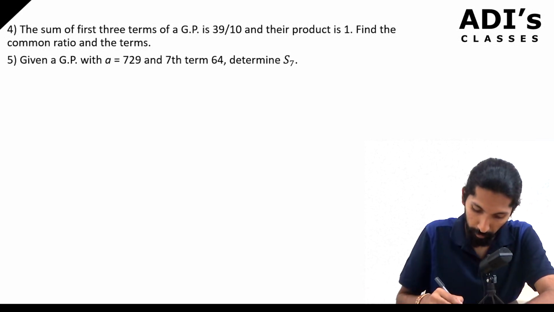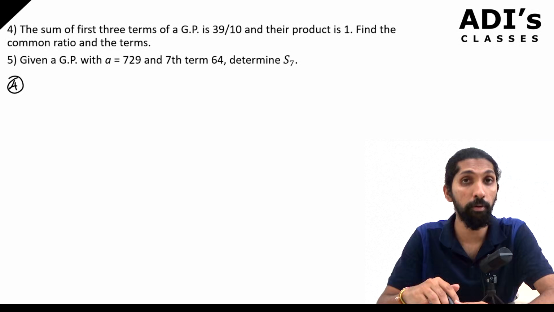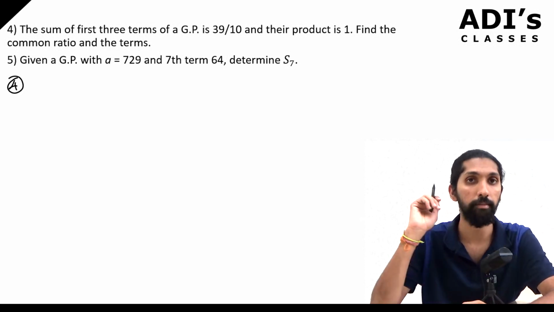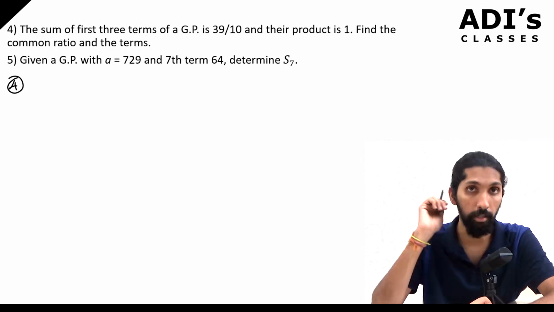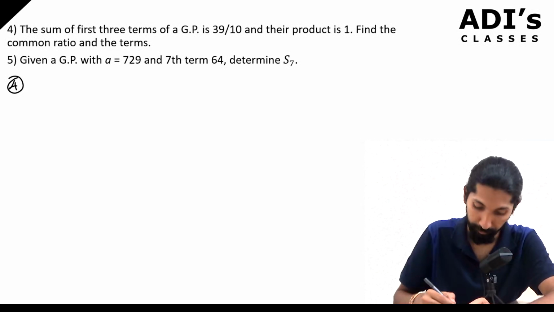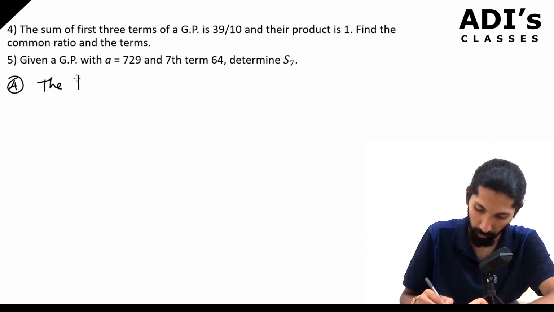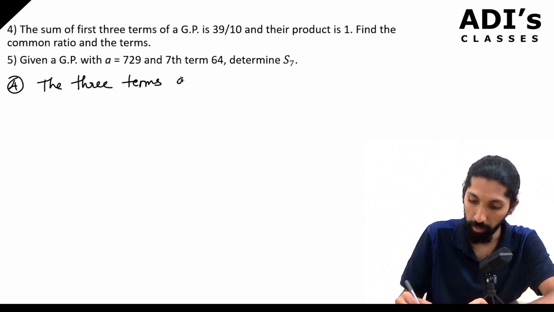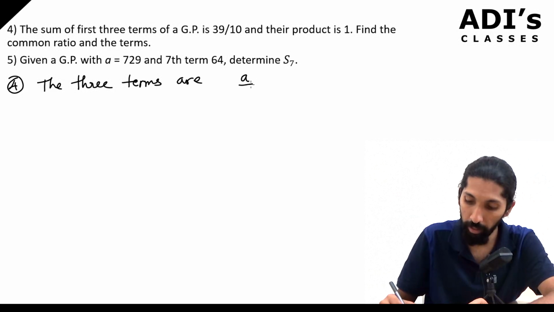See, remember you used to solve problems where the sum of three terms of an AP is given? Same thing. But here, the three terms are A by R, A, AR.